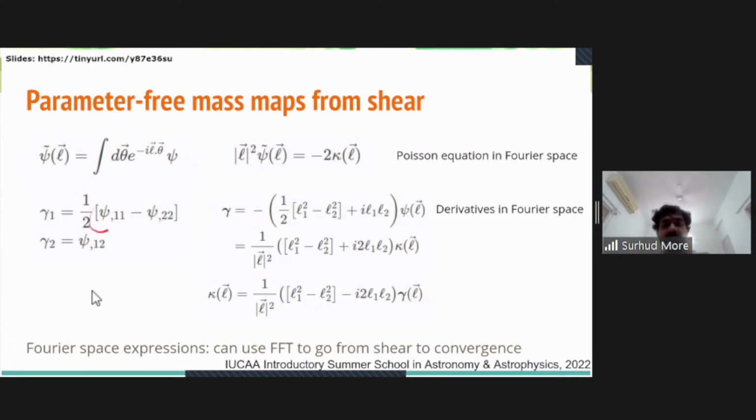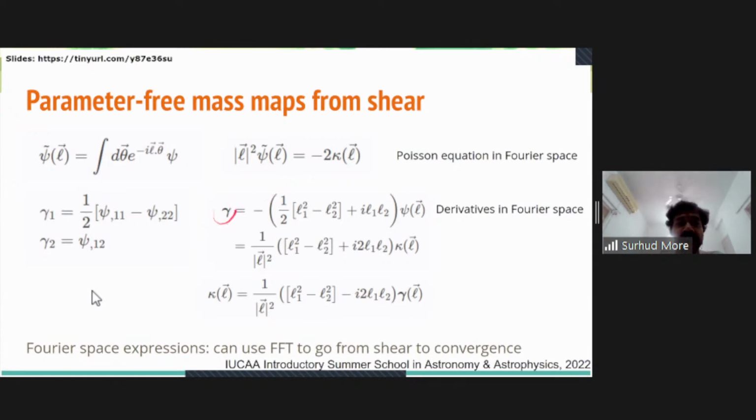So what you get in the end is L1 square minus L2 square divided by 2. That's exactly what you are seeing. There is L1 square minus L2 square divided by 2. This comes from this component. And then psi 1 2, which is related to gamma 2, you can imagine it gets L1 times L2. Okay? This I we have just put in by hand to just separate the components for the shear. Okay?